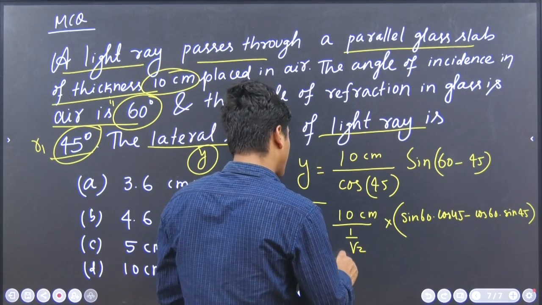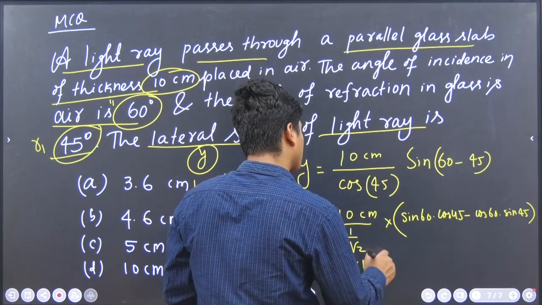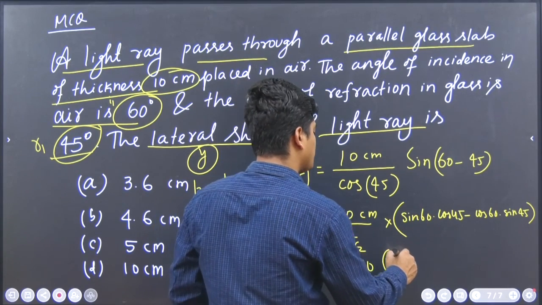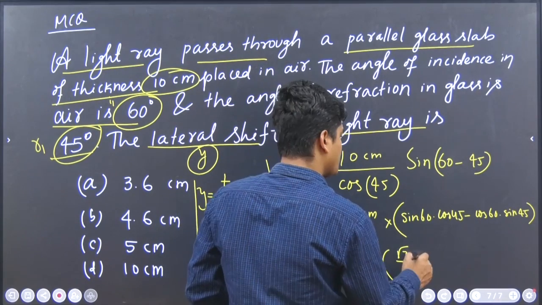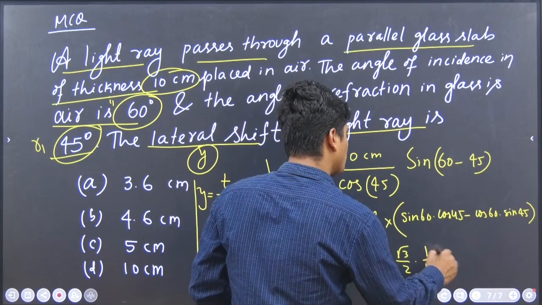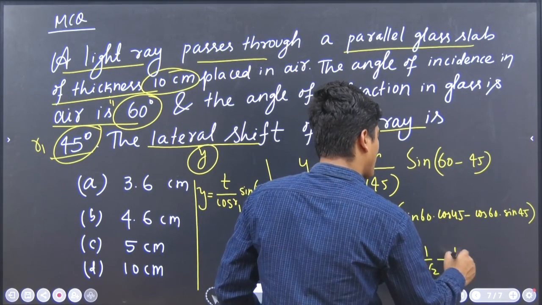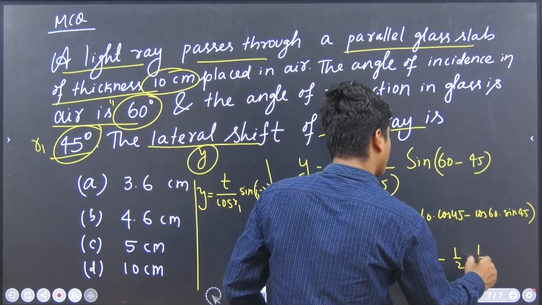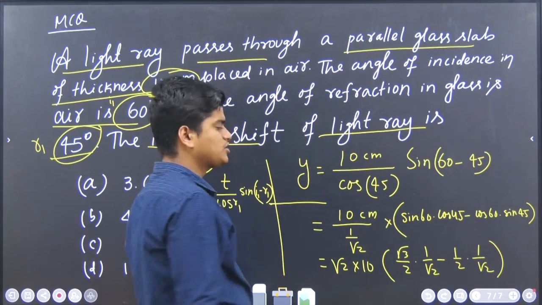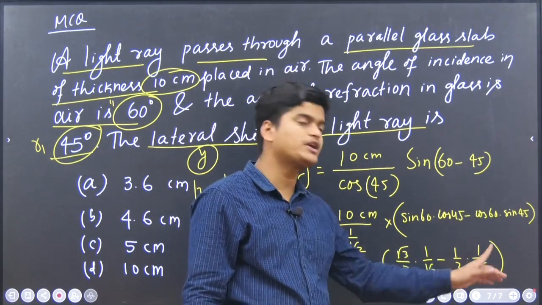Now this I can write as root 2 into 10, and sin 60 is root 3 by 2 into cos 45 which is 1 by root 2, minus 1 by 2 into 1 by root 2. So it is coming root 3 minus 1 by 2 root 2.